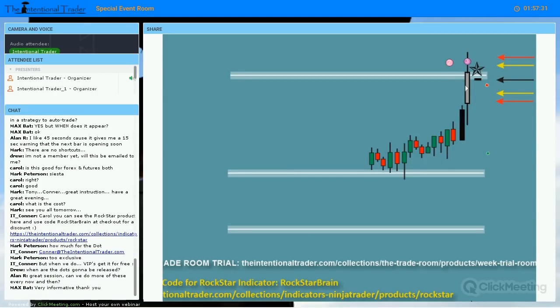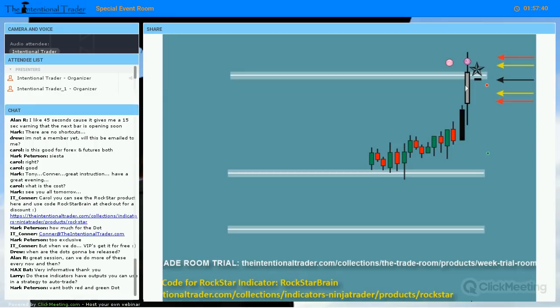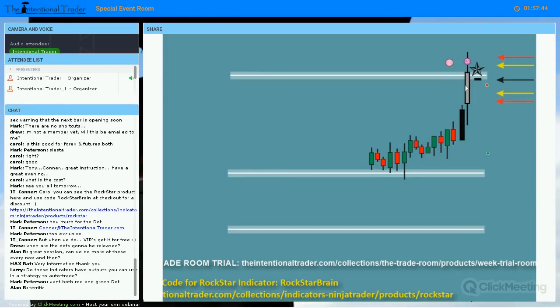I put everything off to the side. Yeah, Alan, sure. I have some other things I got to finish up, and I wanted to run them in the trade room. I don't know, maybe 3 weeks. I hope. Fingers crossed, 3 weeks.